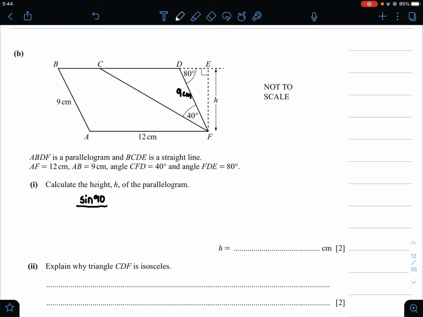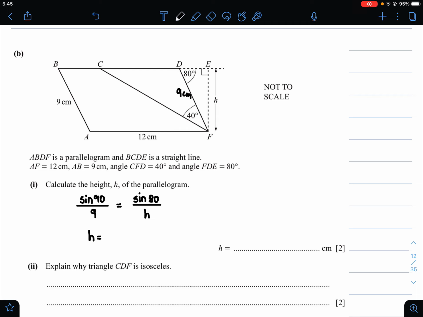So sine 90 divided by the length of the side, that is 9 centimeters, equals the sine of the angle opposite the side that we need to find, that is the angle EDF, which is 80 degrees. So sine 80 divided by h. Now all we need to do is solve for h, and you can put this calculation in your calculator. So sine 90 is equal to 1 divided by 9, that is 1 by 9.